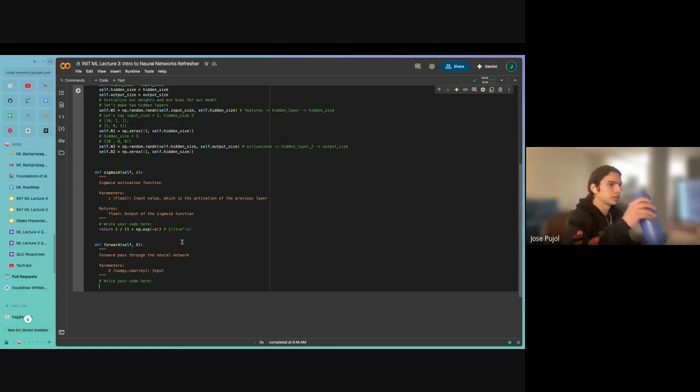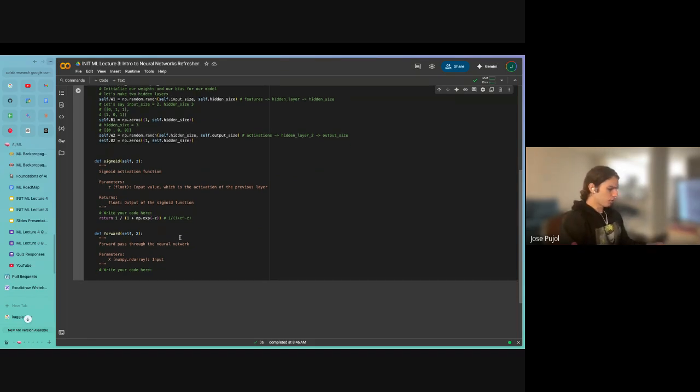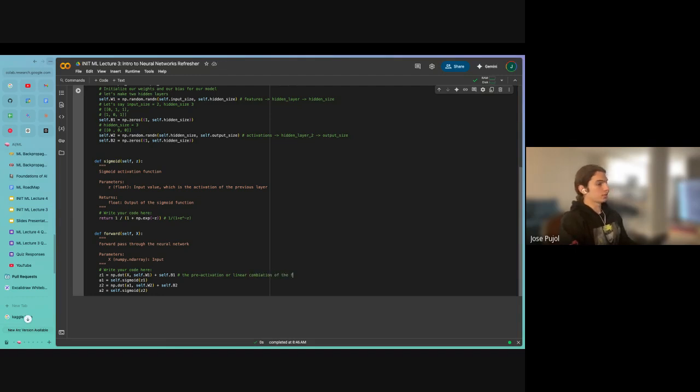Finally, for our forward pass, to calculate our first forward pass, we do Z1, which is going to be the pre-activation, I guess you could say, or linear combination of the first hidden layer.